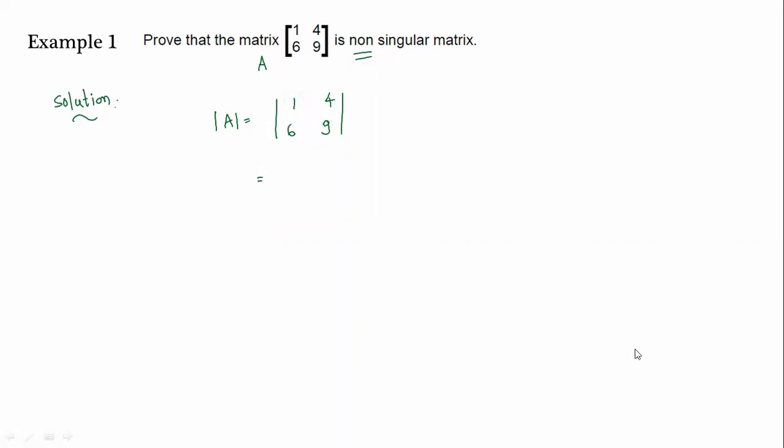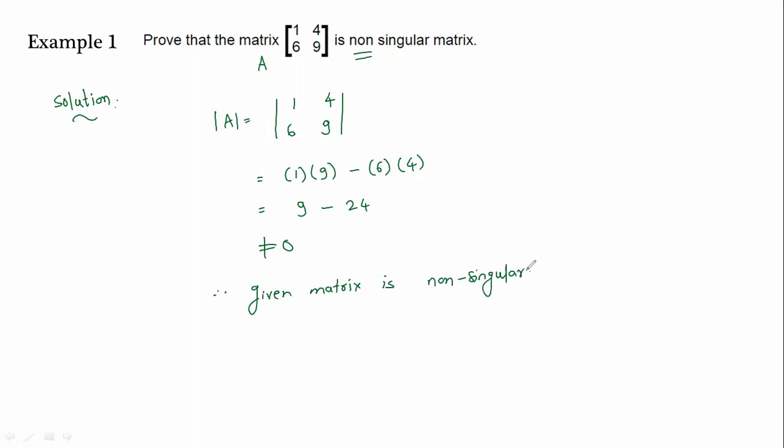This is how we find the determinant. So 9 minus 24. Obviously, this is not going to be 0. It's not equal to 0. So we can say the given matrix is non-singular.